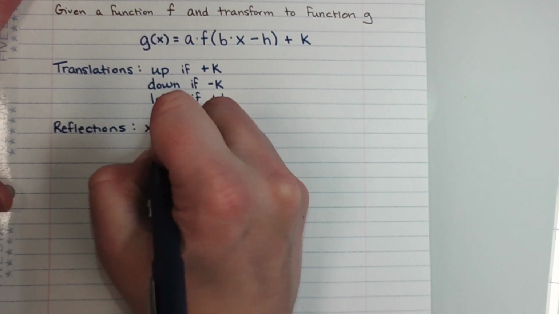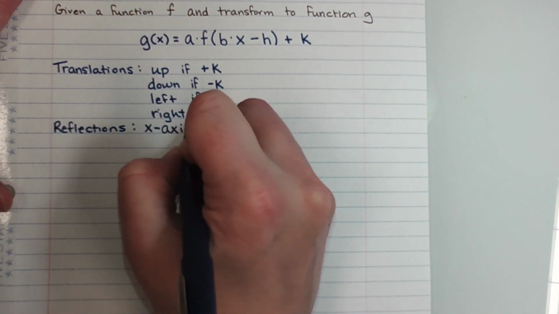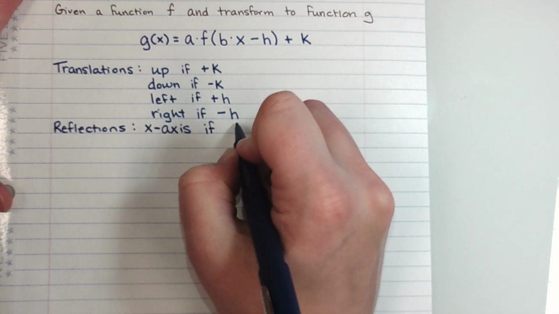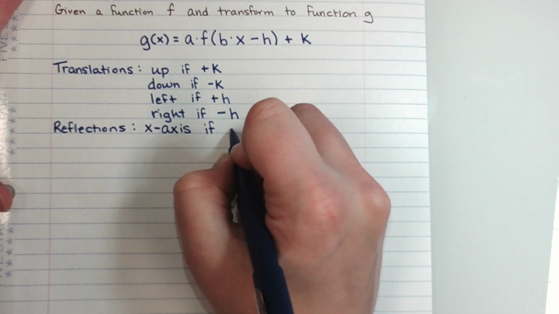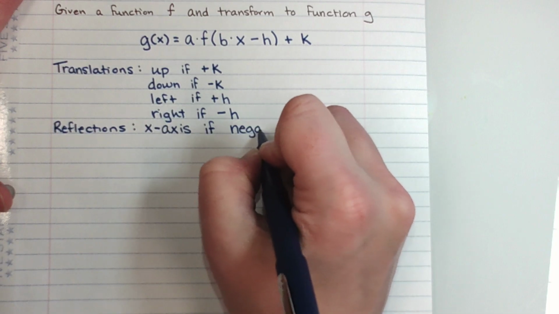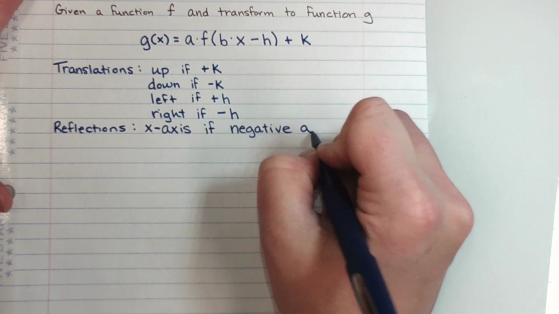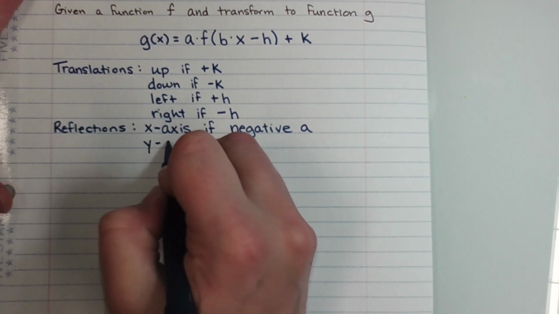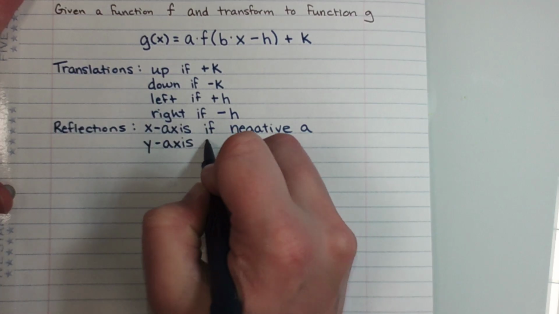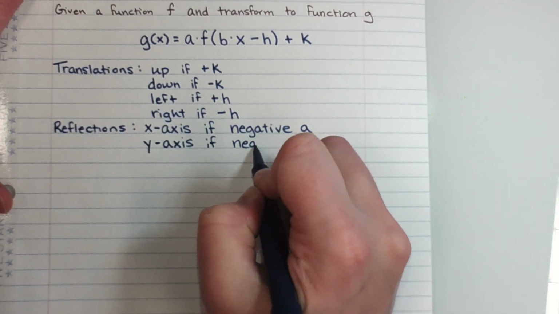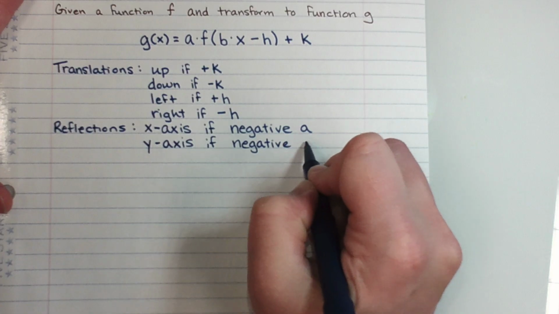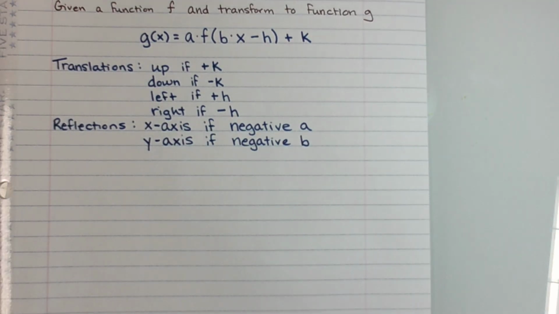It flips over the x-axis if it is a negative a. And it flipped over the y-axis if it was a negative b. If you put the negative in front of the overall function, or if you put it just in front of the x.